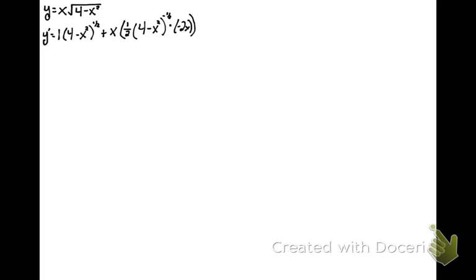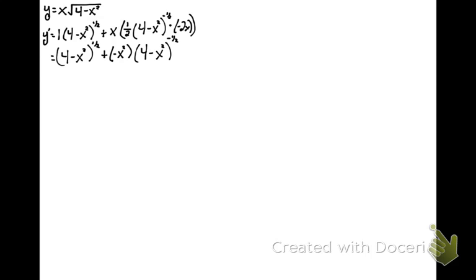I'll clean this up just a bit. y prime will be this (4 minus x squared) to the 1/2 plus x times 1/2 is 1/2 x times negative 2x is negative x squared times (4 minus x squared) to the negative 1/2.